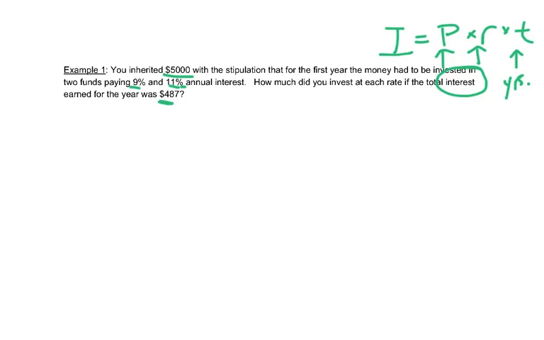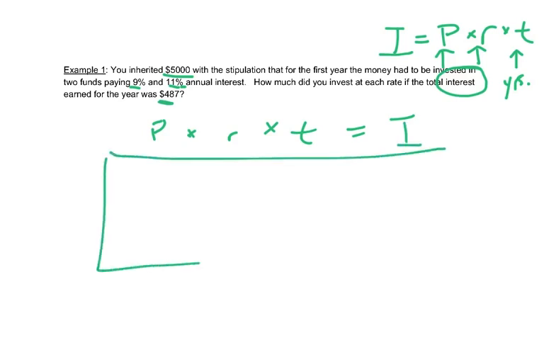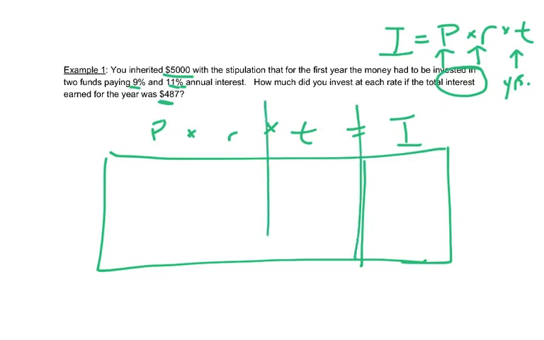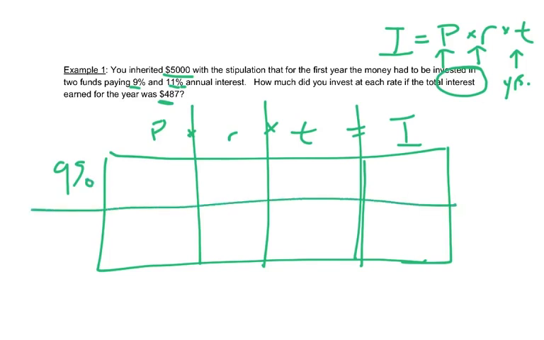So let's write that the opposite way. Let's write principal times rate times time equals interest. And this is going to be our table for this problem. We have two accounts. We have a 9% interest account, and we have an 11% interest account.